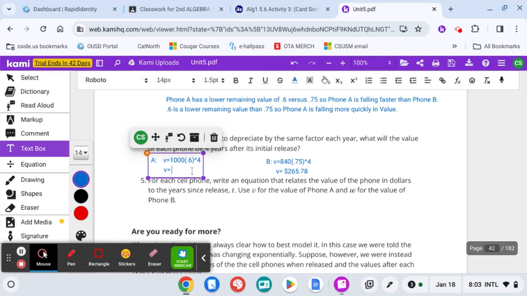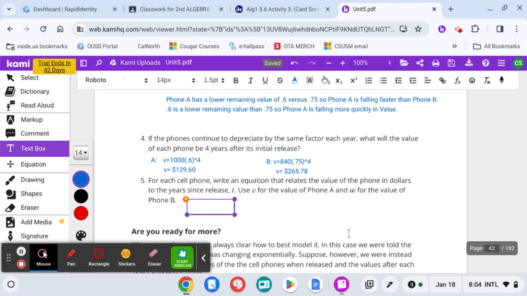Again, where did this 4 come from? They're asking us to plug in 4 right here in the question. Did you get 129.60? So notice that as we said in the previous example, phone A is losing value more quickly.